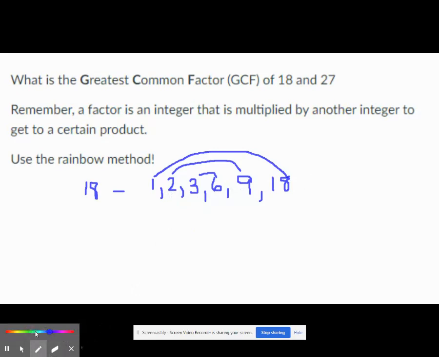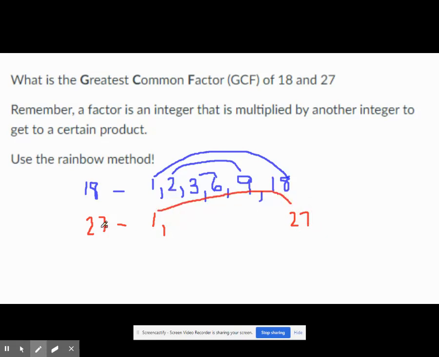So we now need to check our factors for our other integer, which is 27. So 27. Well, let's see. I know 1 times anything will give me the number. So 1 times 27 is going to give me 27. I know those 2 guys go together.